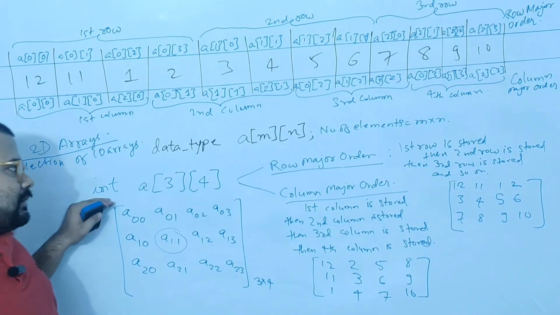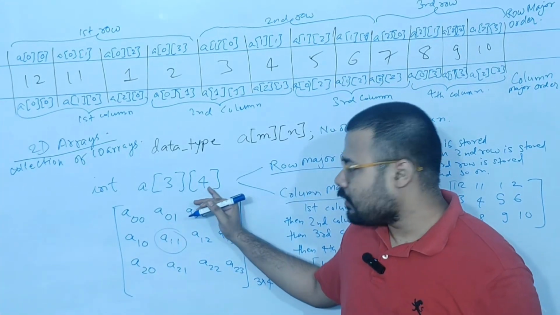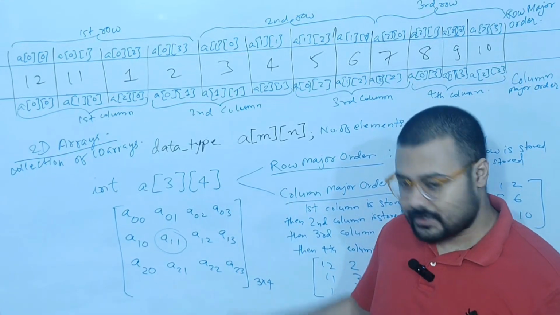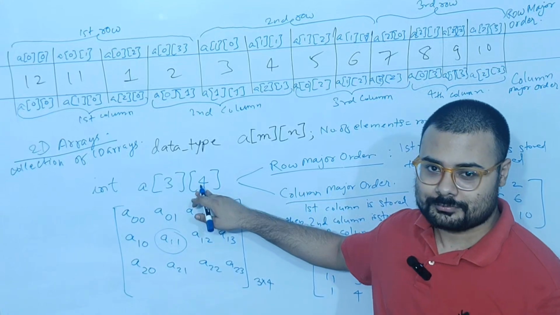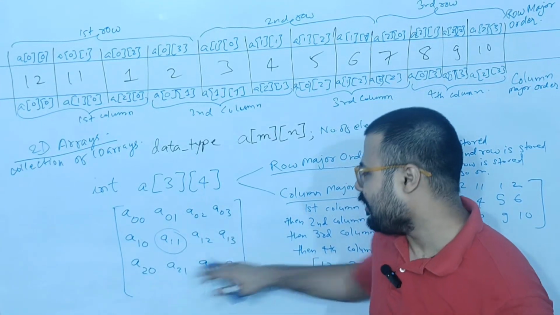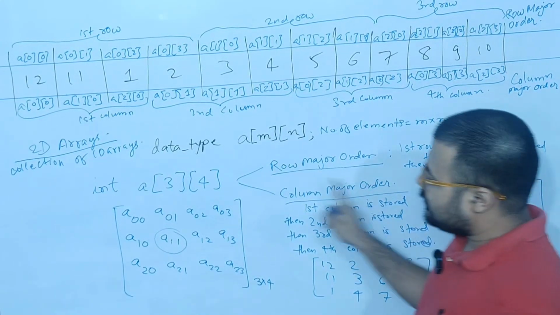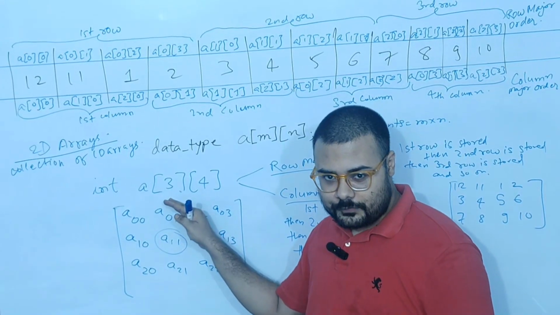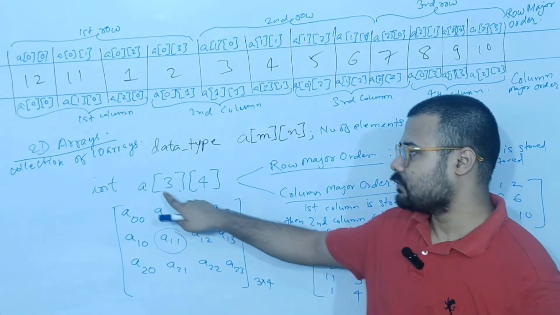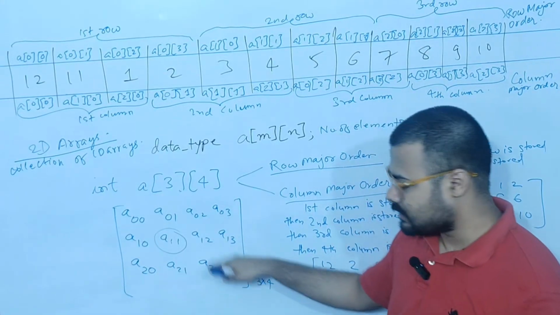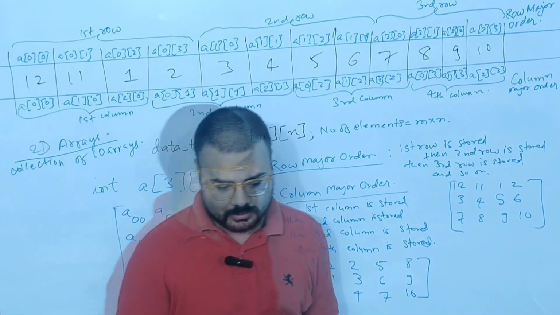So this 2D array is a collection of 3 1D arrays of size 4. If column major order is being followed, then a 2D array is a collection of 4 1D arrays of size 3. Okay. Now in the next video, we will see the 3-dimensional array.